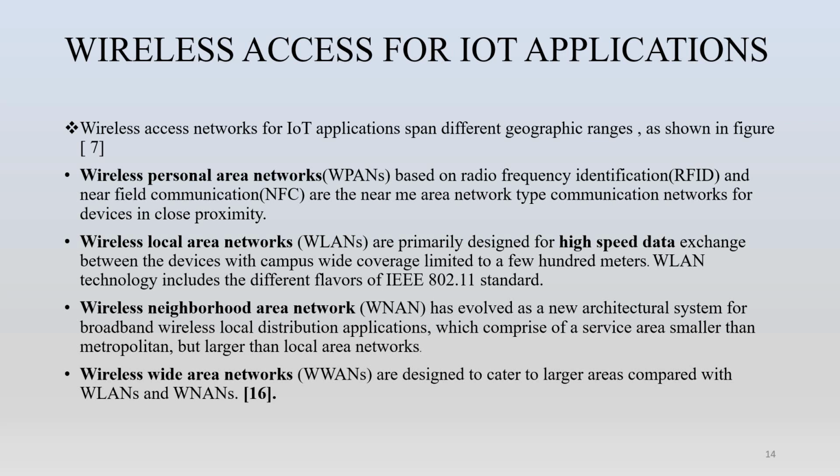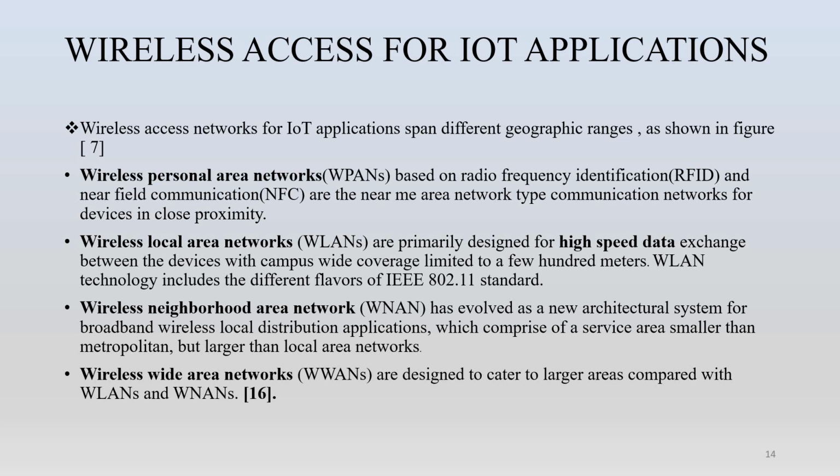So the last one is wireless wide area networks, or WWANs. It's for catering to large areas. WWANs are designed to cover larger geographic areas compared to WLANs and WNANs. They provide wireless connectivity over extended distances.